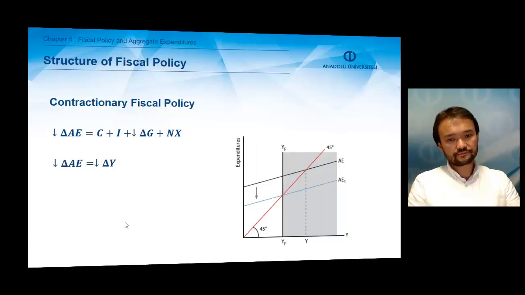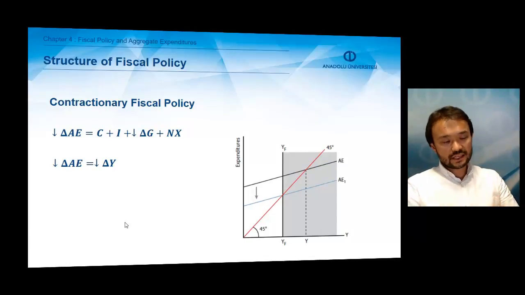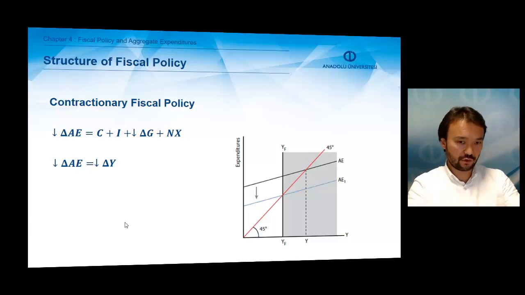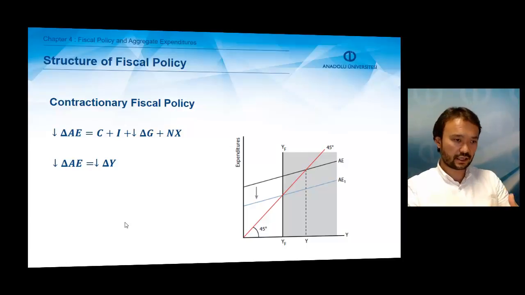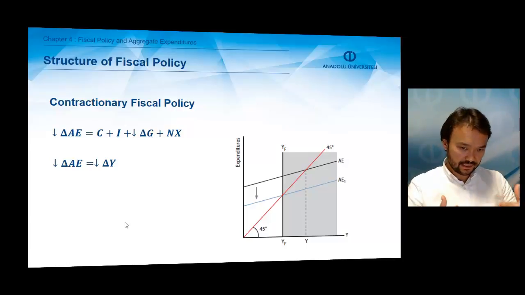Or the other one, when there is an expansion period for the economy, it also means there are inflationary gaps and inflationary pressures for an economy. Because of that, the government wants to implement the contractionary fiscal policy. It means a decrease in aggregate expenditures, which also means a decrease in production and income, and also a decrease in inflation pressures.